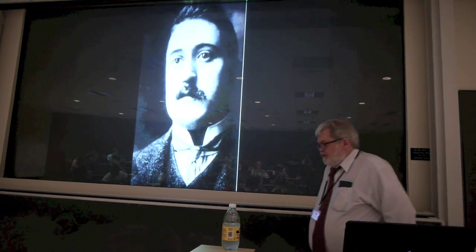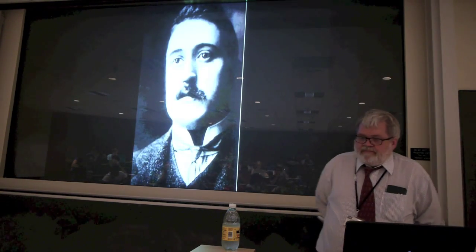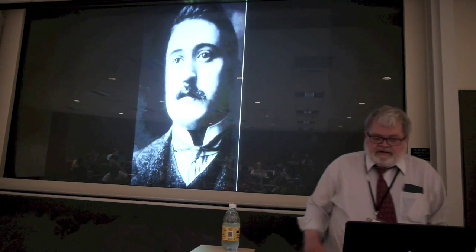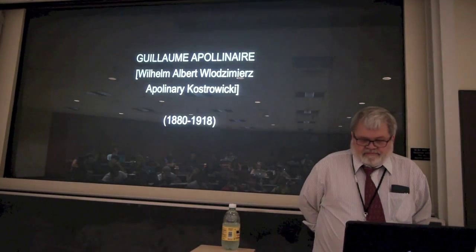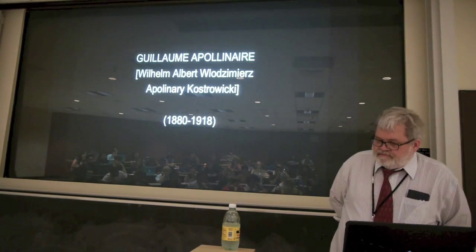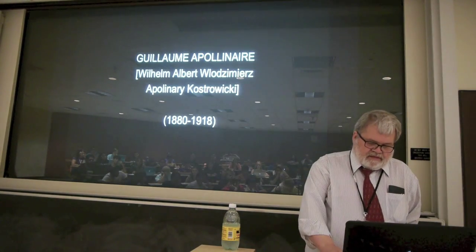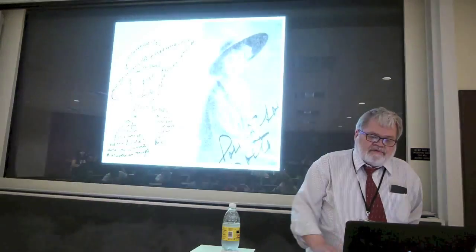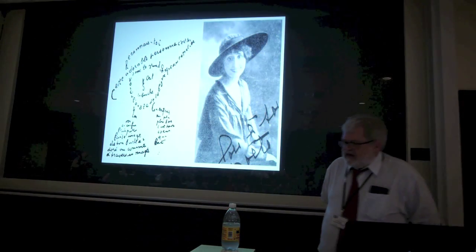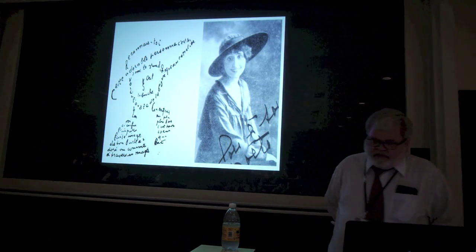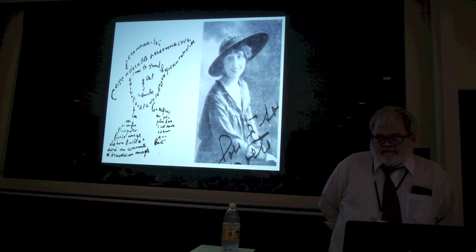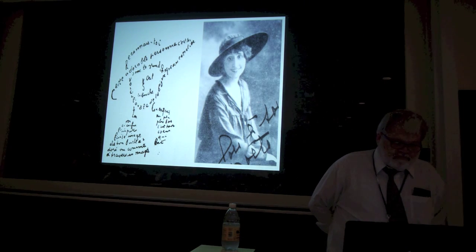Probably the biggest poet of that time, the man who really was the voice for modernism, was Guillaume Apollinaire. You've read his piece for this class, for the last class. He was a friend of the modernists. He tried his hand at painting, didn't do so well, but he was a big poet. He did like to write his poems.